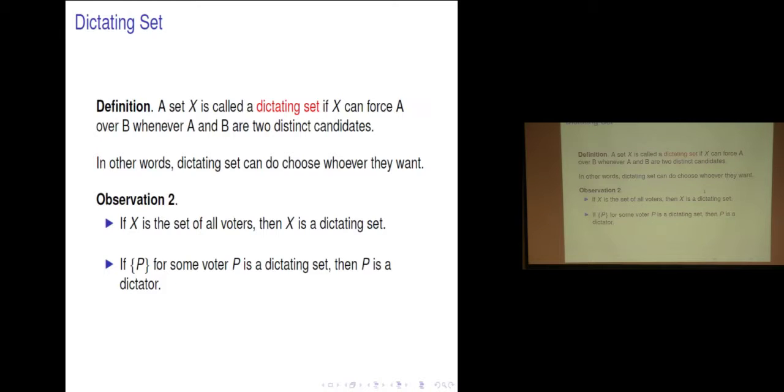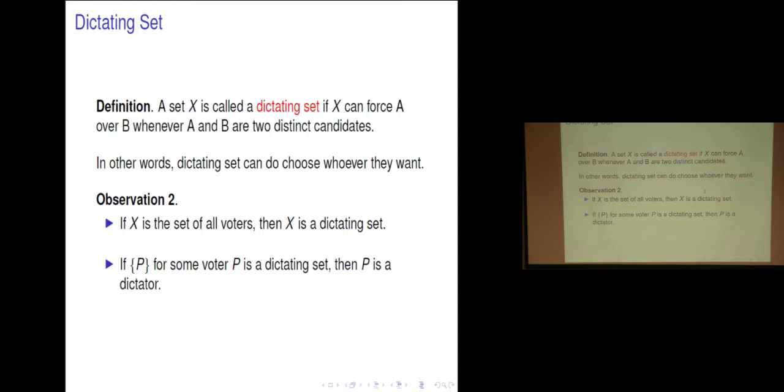Now, what is the smallest dictating set? Dictator. If a single voter P is a dictating set, then this Mr. P is a dictator, because his choice will determine the rest. If he puts A above B, A wins. If he puts B above A, B wins.